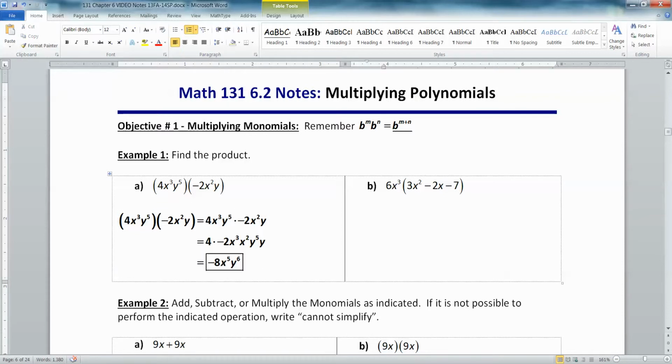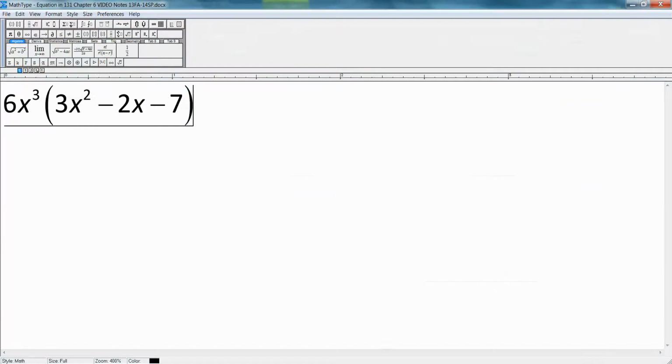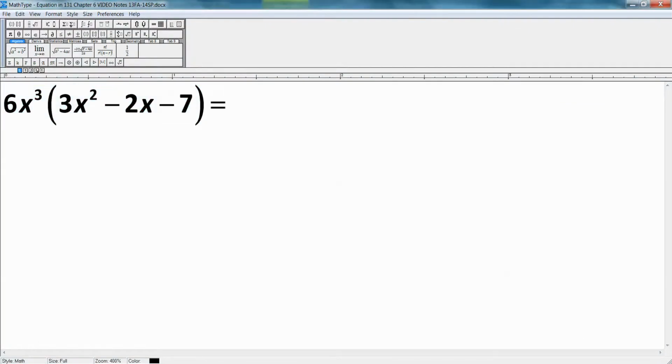Cool. Now for this one, again, this is a bit of review, but we are going to expand the idea here. Now what we're going to do is distribute. Because there's addition and subtraction in here, you're going to take 6x cubed and multiply it by each of these other terms.